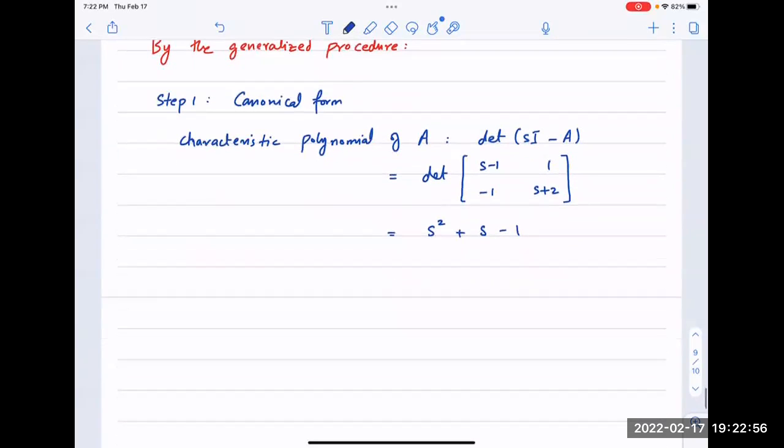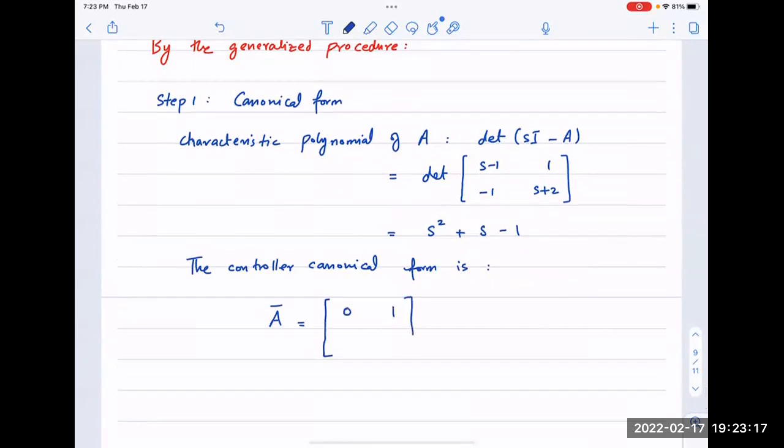Okay, so if that's the determinant, then the controller canonical form can be written directly. So the controller canonical form is A bar equals [0, 1; ...], and B bar is [0; 1].